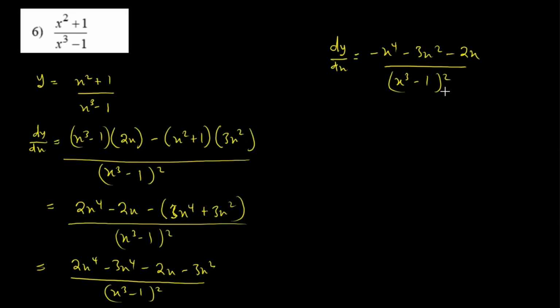Let's move on to the last but not least. We are looking at composite functions. We are looking at how to differentiate composite functions. When you consider composite functions, they are simply functions within another function.